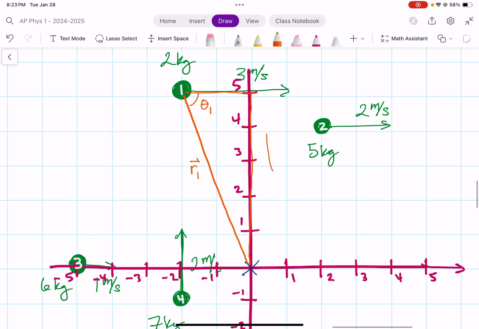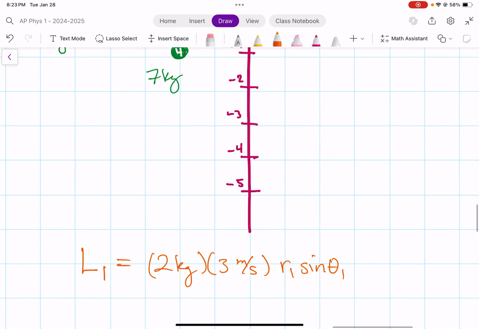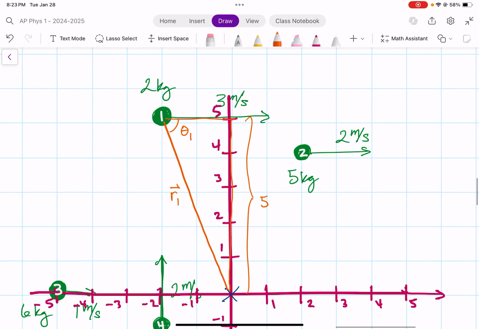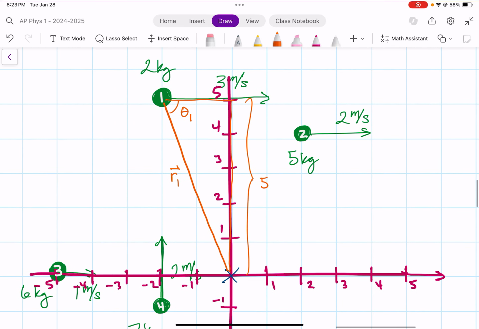This is a distance of 5 meters. And notice we have r1 sine of theta. Well, right? Sine of theta 1 equals 5 over r1. Solve for what we want. r1 sine of theta 1 equals 5.